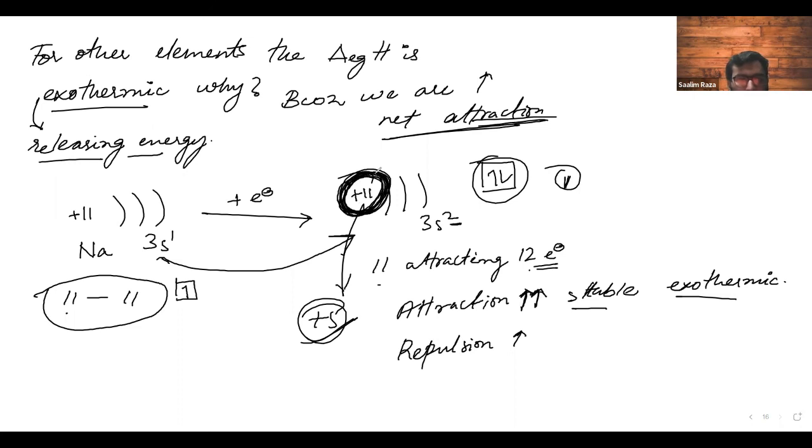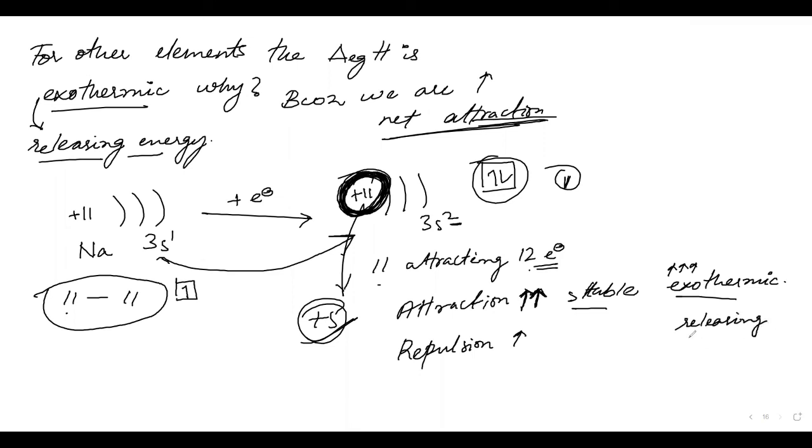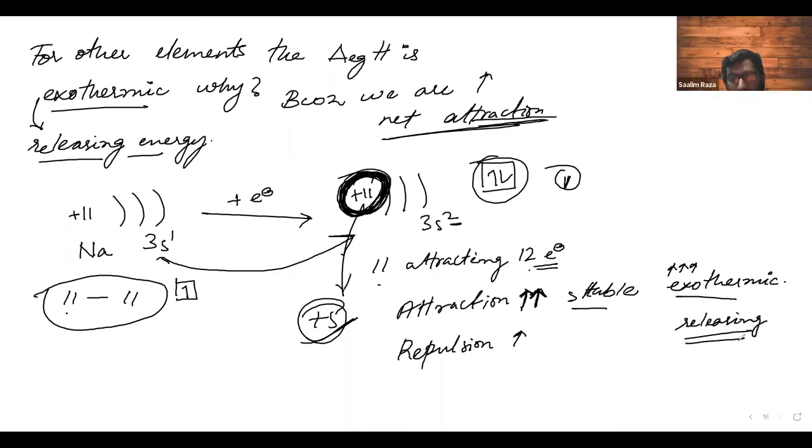If the proton number is increasing, then the attraction will also increase. Then it will be getting more and more exothermic, releasing more and more energy.